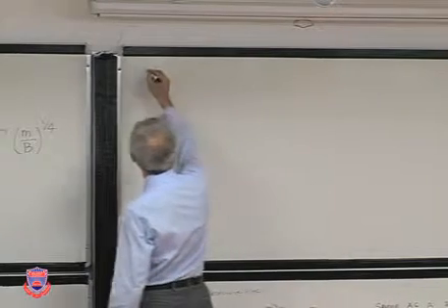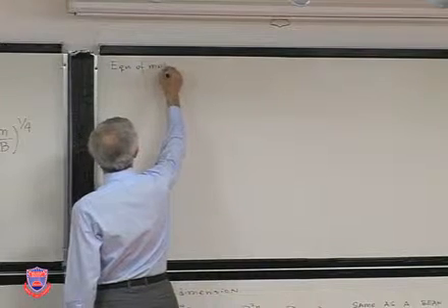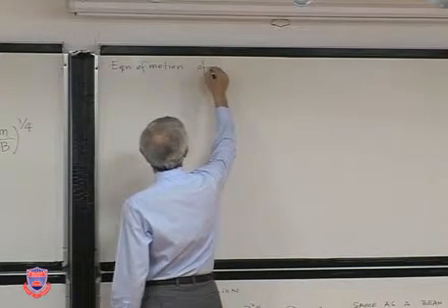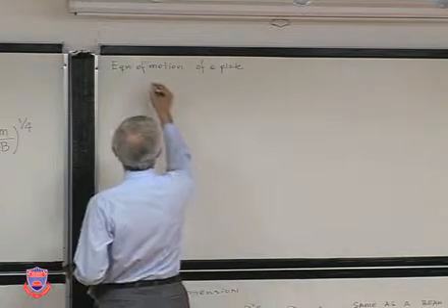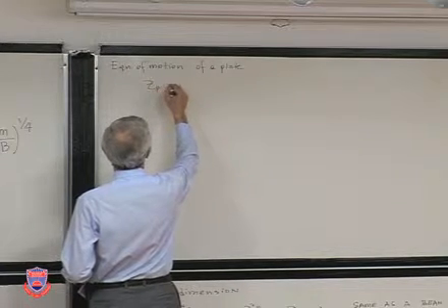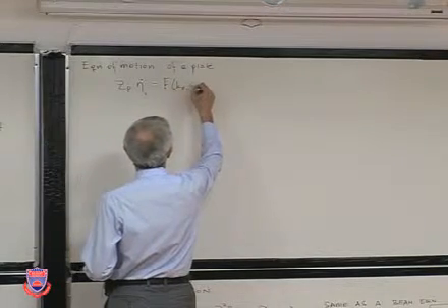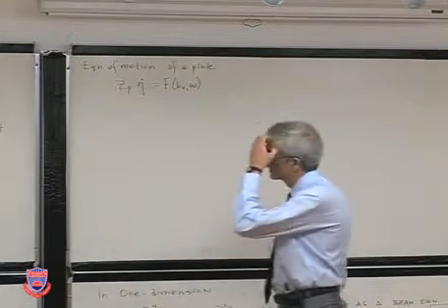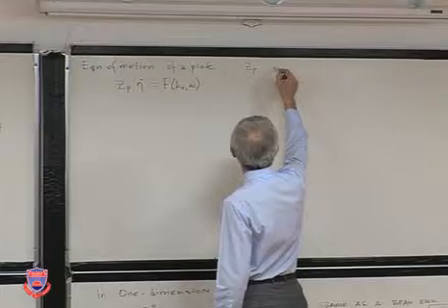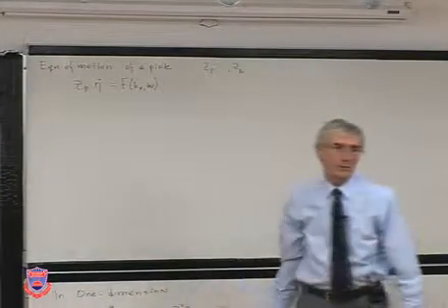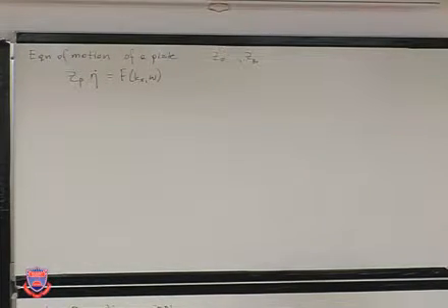Then, using this expression, we say the equation of motion of a plate we can express as, okay. Sometimes we write it as ZP, sometimes ZB. P refers to plate, B refers to bending waves. There's no reason to get confused about them.